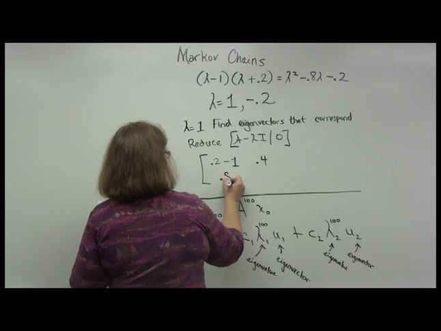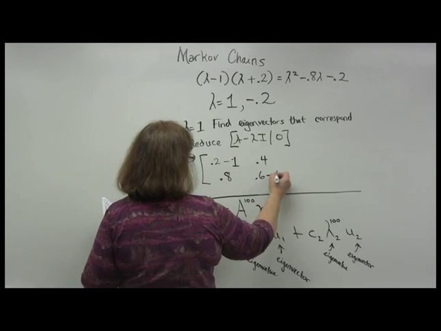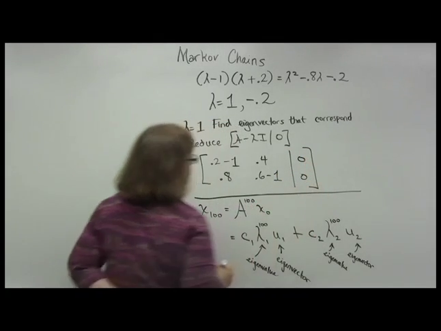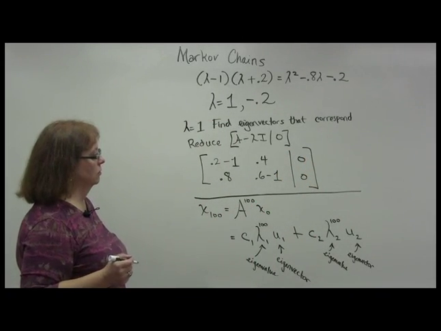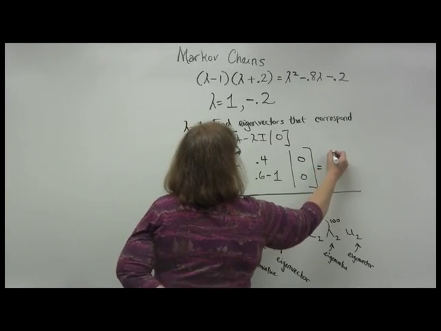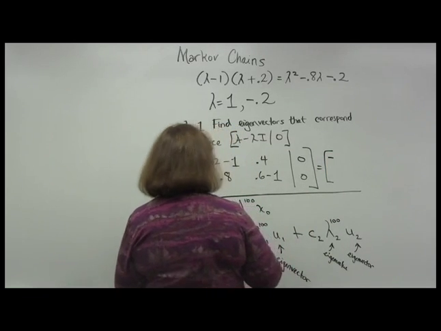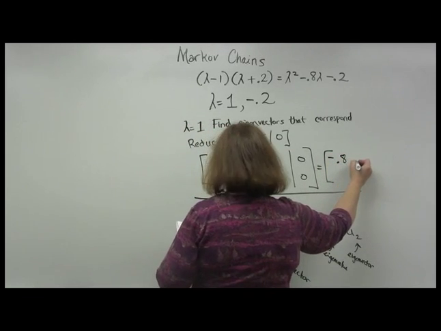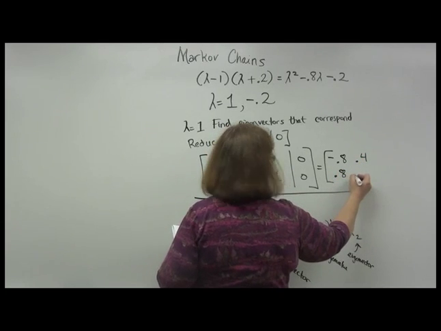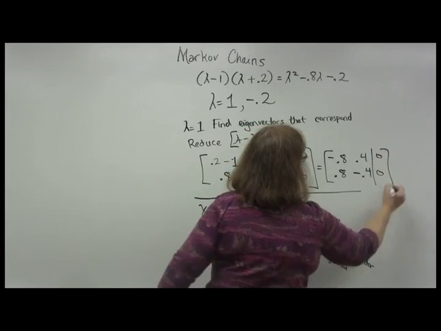And then 0.8 on the bottom row, 0.6 minus lambda, in this case, that again was 1, zeros on the right. Okay, that turns into negative 0.8, 0.4, positive 0.8, negative 0.4, and zeros on the right.